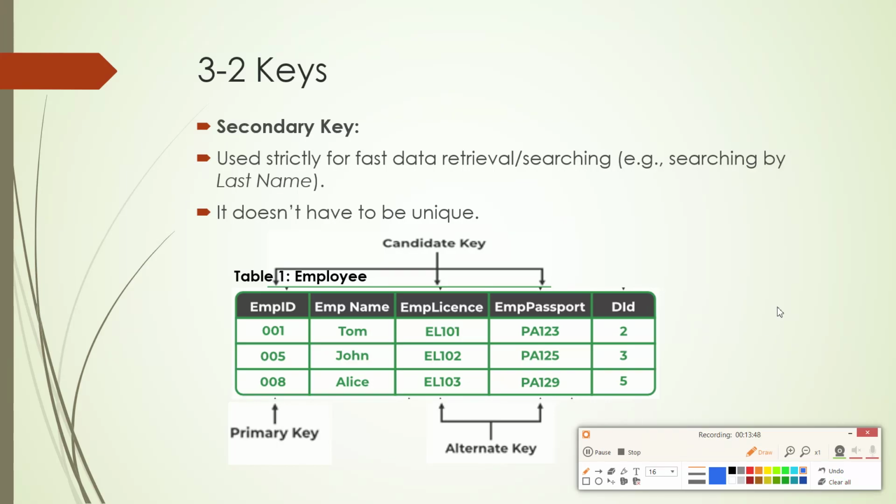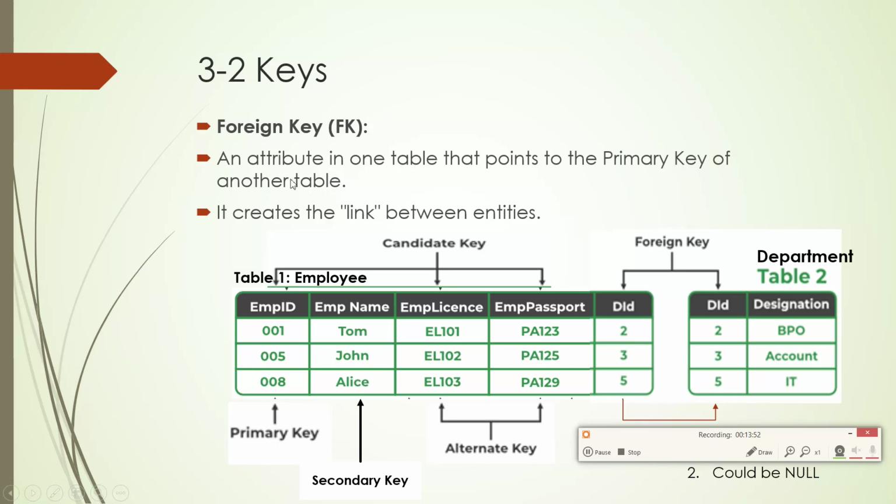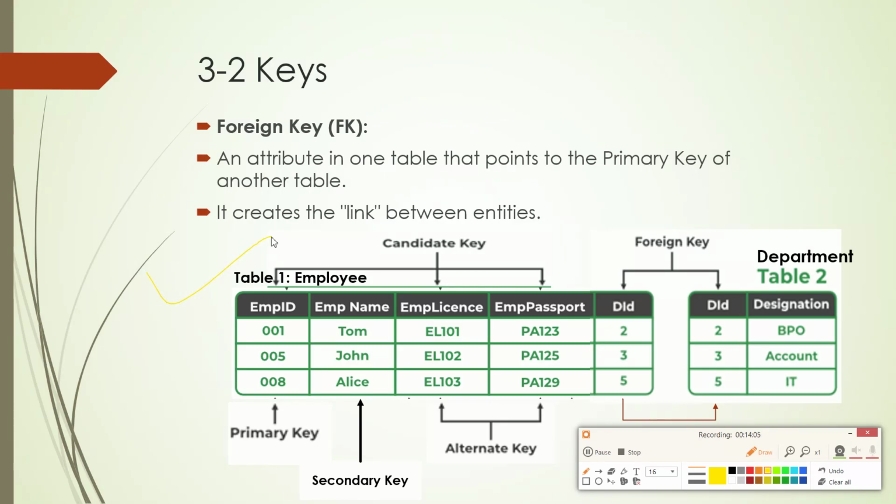Now the next concept is foreign key. So what is foreign key? For foreign key, it is necessary that you have two tables. For example, this is my table number 1, which takes the record of the employees, and these employees belong to different departments.